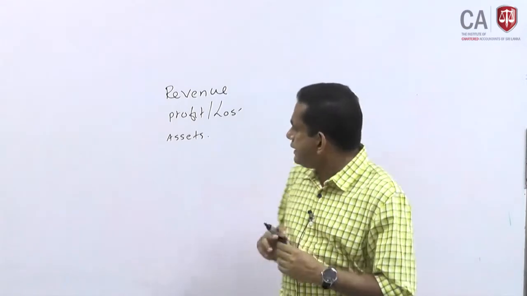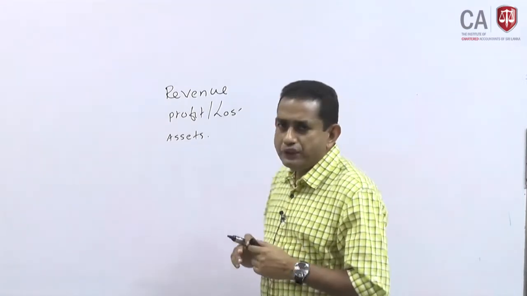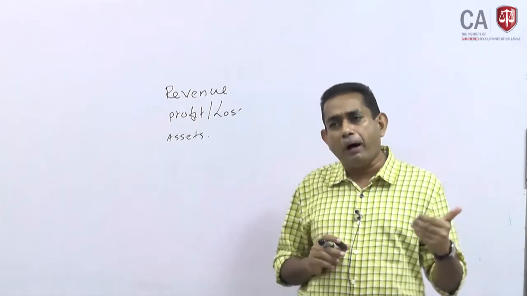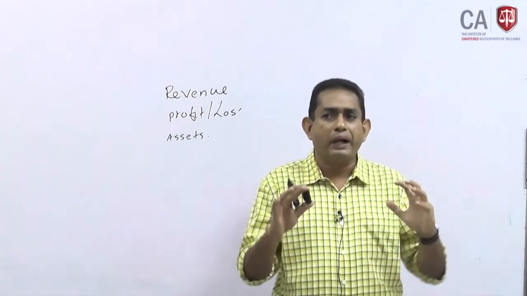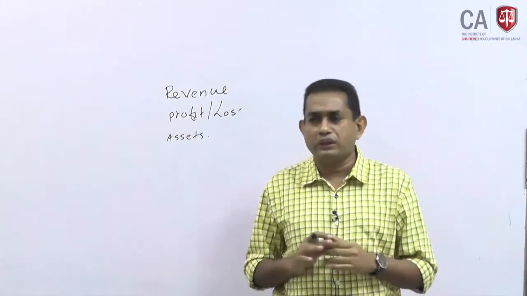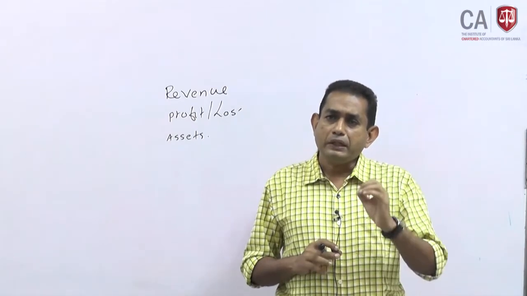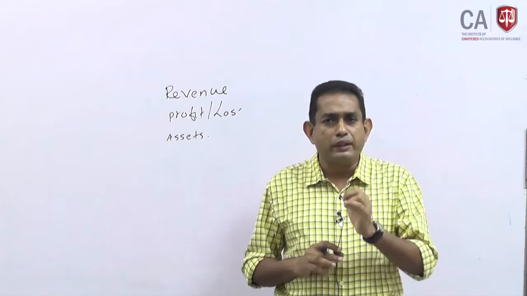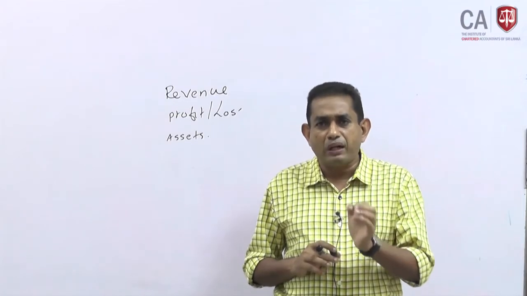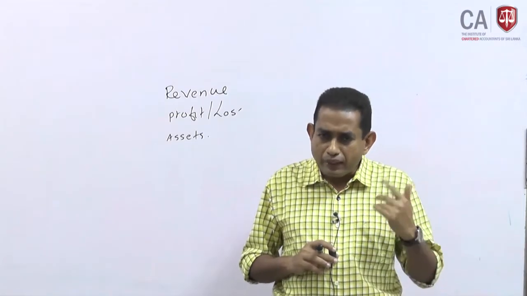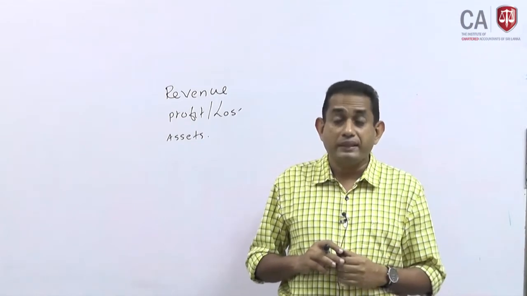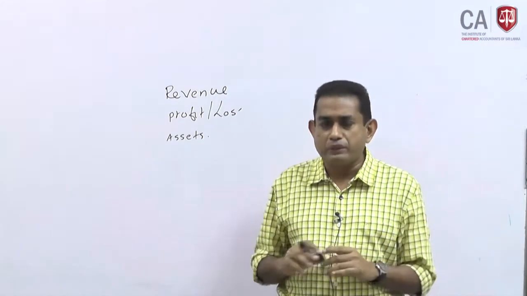And if a particular segment's revenue is not 10% or above of the combined revenue of the total segments, you do not conclude that the segment is not a reportable segment. You continue to apply the second quantitative threshold, that is profit or loss.